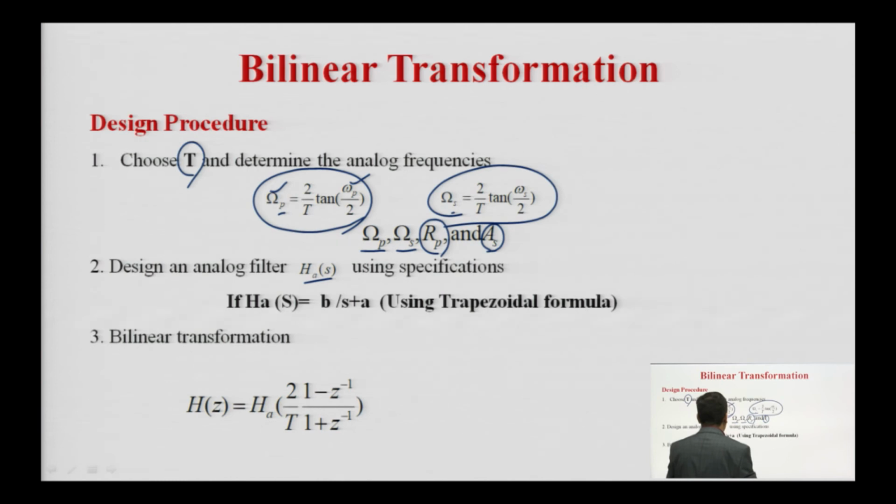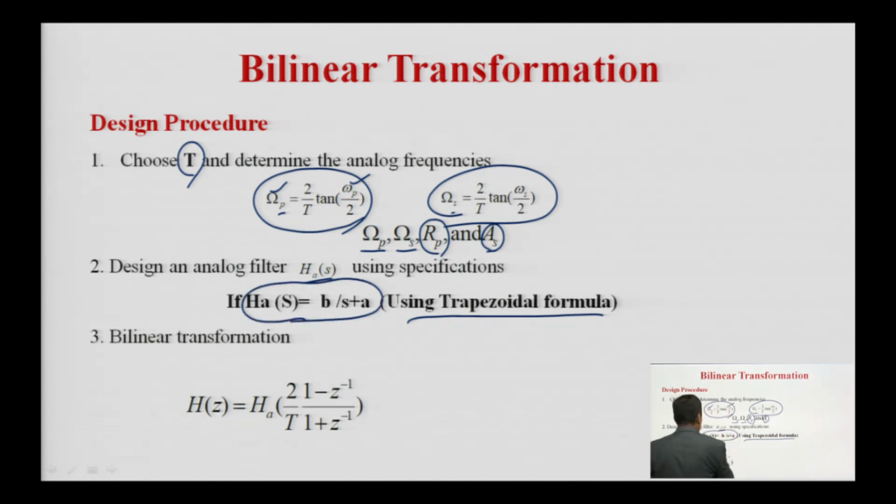Now, by the specification, and using the trapezoidal formula also, which I will tell you: if H of S is equal to B upon (S plus A) is given to you, or you can say this is the transfer function of an analog filter, then you can design directly by using the bilinear transformation method; your H of Z is equal to this one.